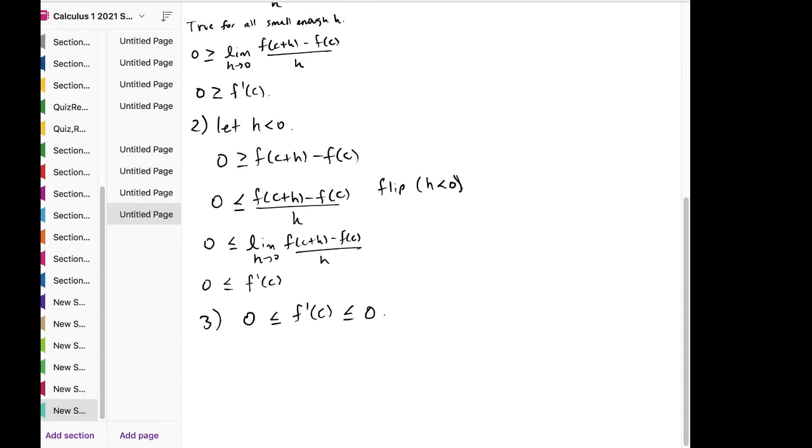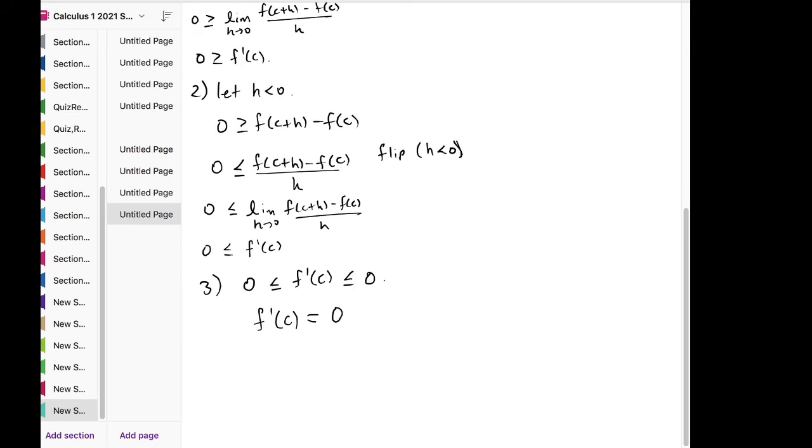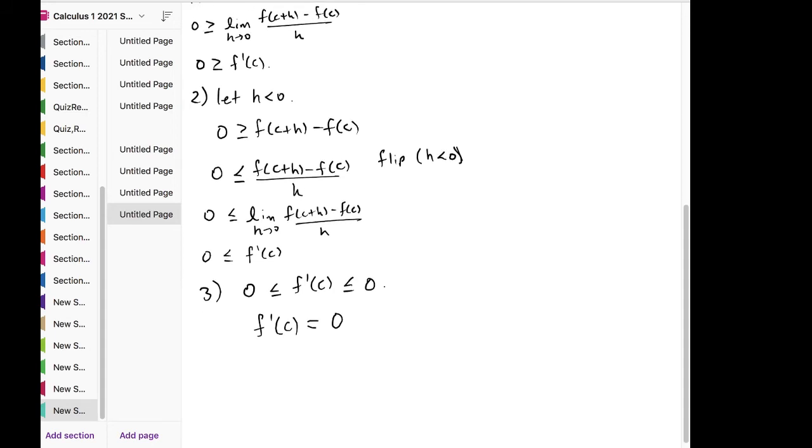So what is f prime of c? What's a number between 0 and 0? Zero. Right, this should look like the squeeze theorem. So that's kind of what's going on here.